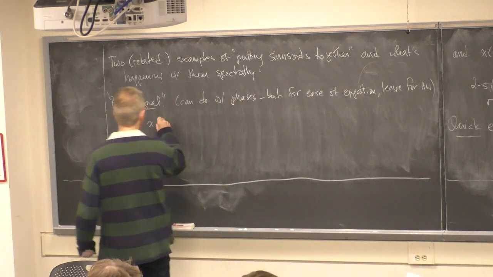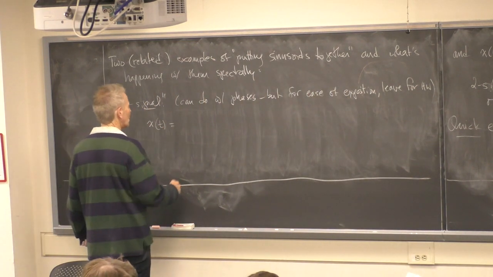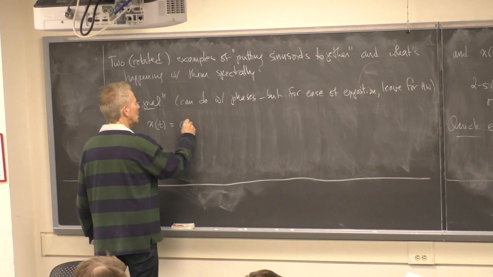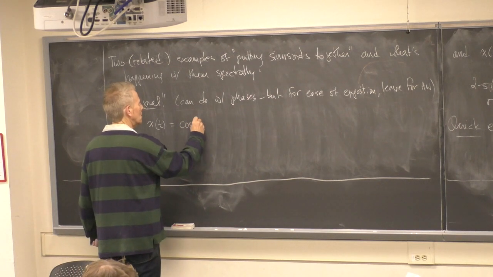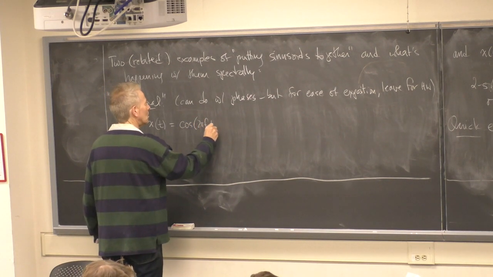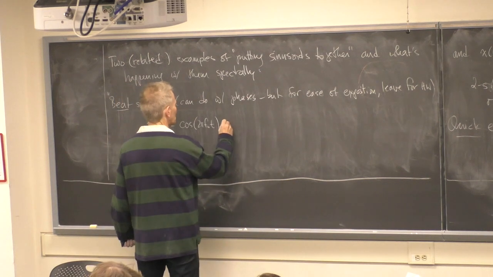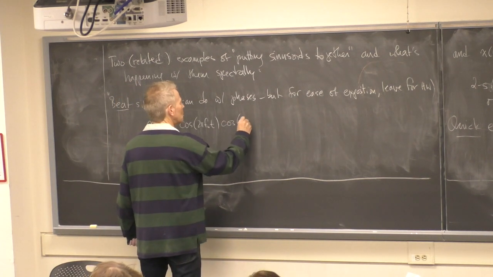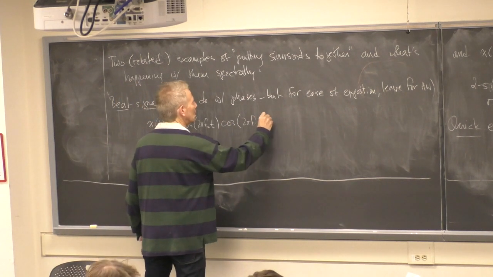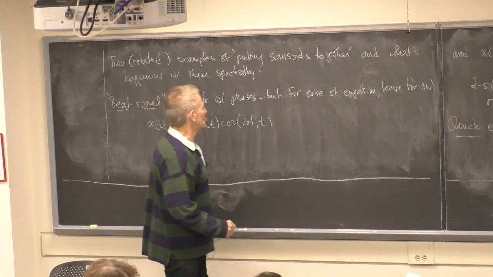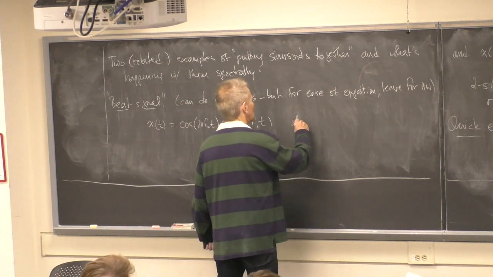X of t equals, say, how about cosine 2 pi f0 t times cosine of 2 pi f1 t, where f1 is much bigger than f0.